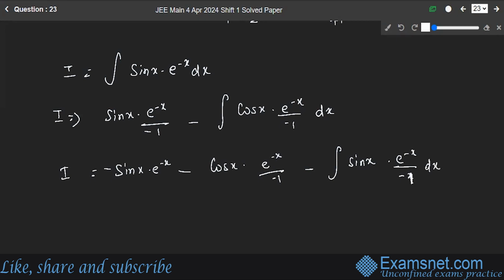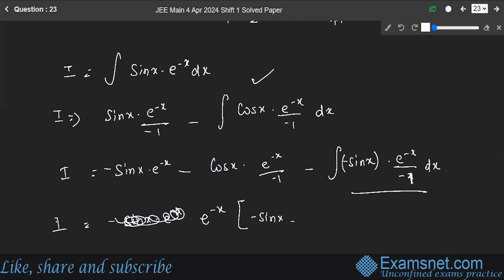dx. Now see, we got back I over here. So this is equal to, here was a minus sign. So I is equal to minus sin x e raised to power minus x. Or what I will do is I'll take e raised to power minus x common, minus sin x minus cos x minus I, because this negative sign, they will cancel.